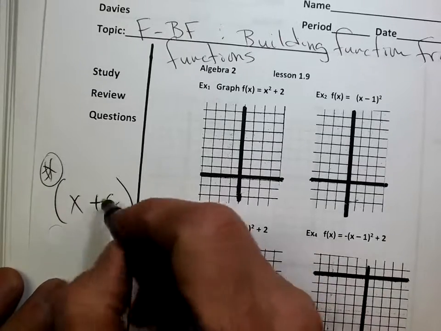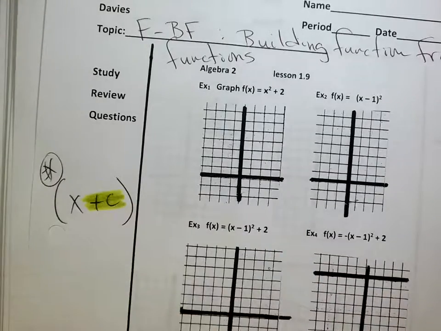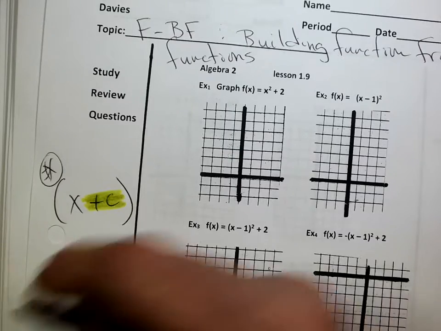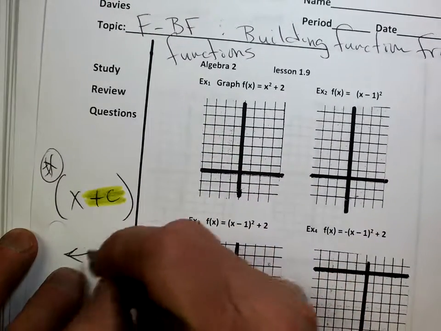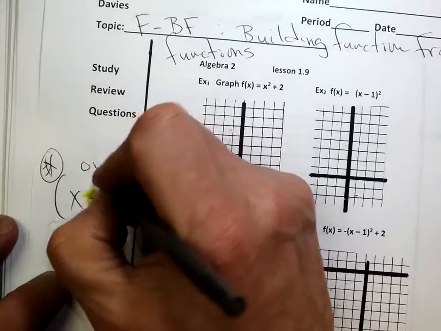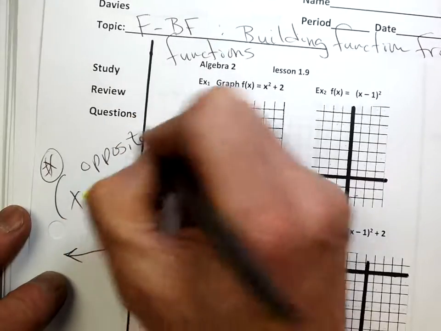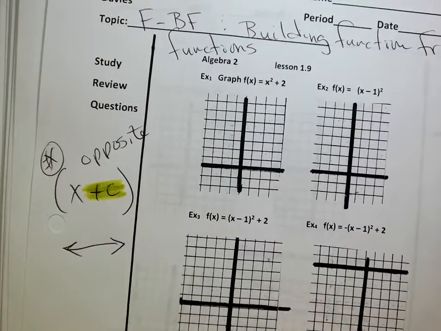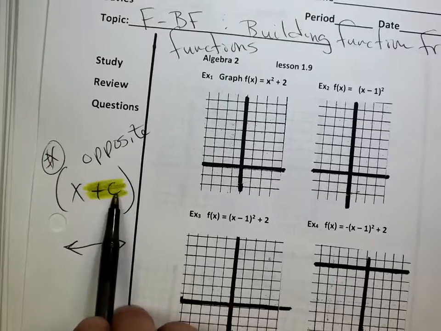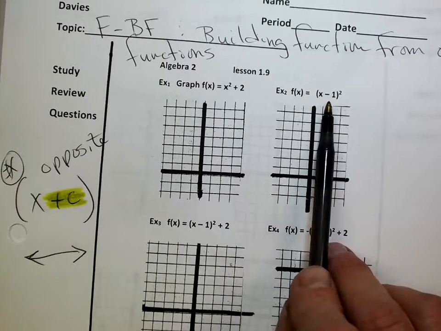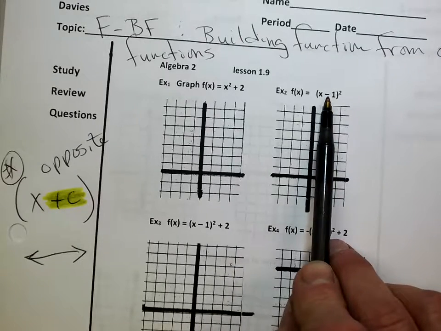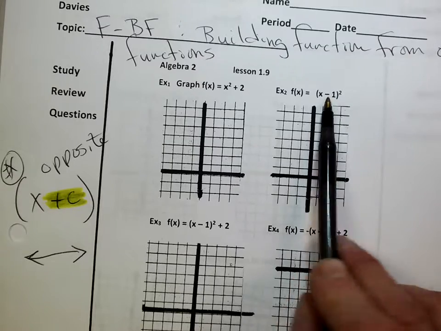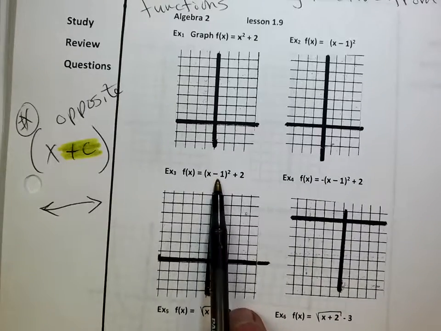It's on the inside, we move it horizontally, but the opposite way. Always. So if something is on the inside, for example, -1, we're going to move it forward 1.